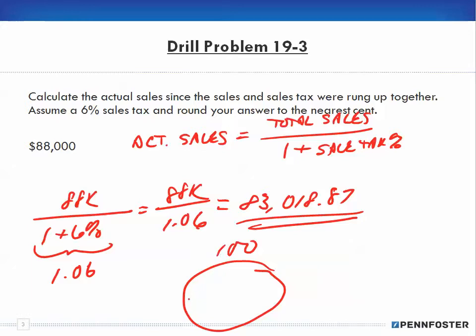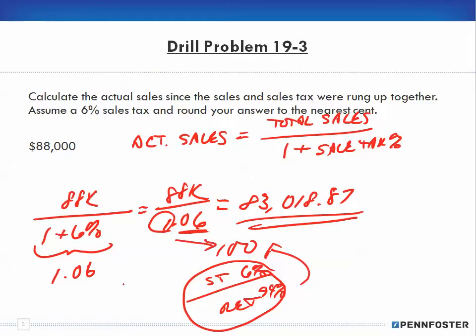This is the sales tax, and this is the retail. If this is 6%, then this has to be 94% to total 100%. You could do it a more difficult way. Remember, the 1 represents retail, and the 6 represents the tax to equal 100%. You could do it another way, but it just gets more confusing. It's easier to remember to do it this way.